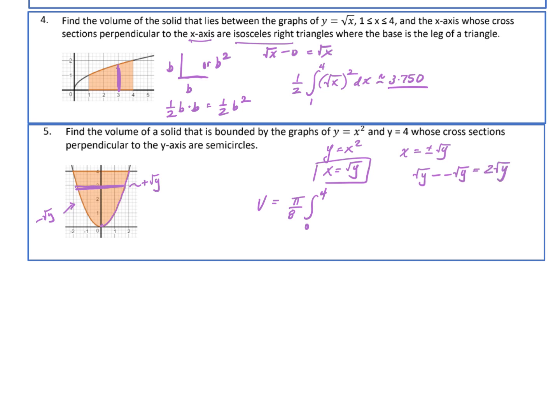Or you could do half of it and then double it. And that's what most people would do for something like this, okay? So we're going to get 2 root y squared dy. And again, just go to your calculator. We're going to get 12.566.